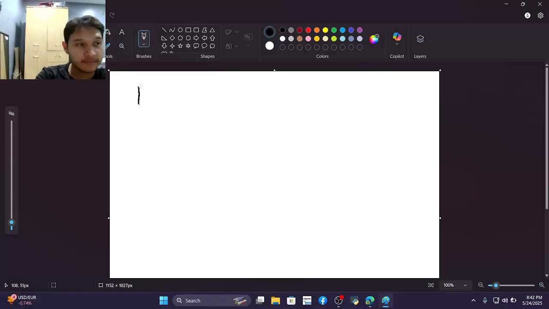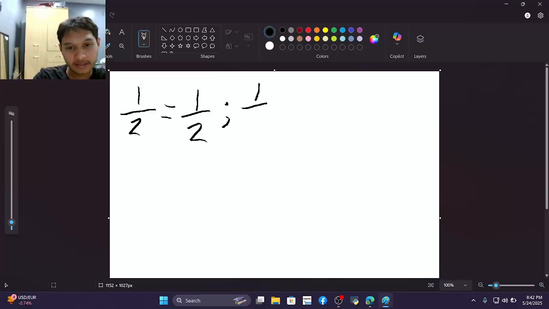We have 1/2. This is equal to 1/2, right? Okay. So if we add 1/2 plus 1/4, we'll get, what is it? You have to have the same common denominator.